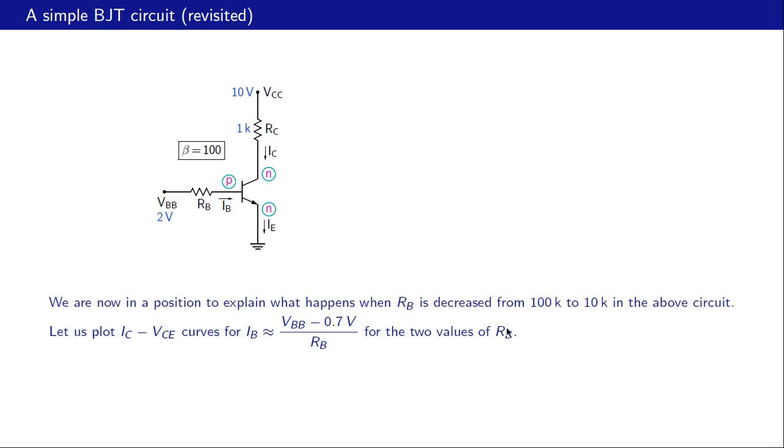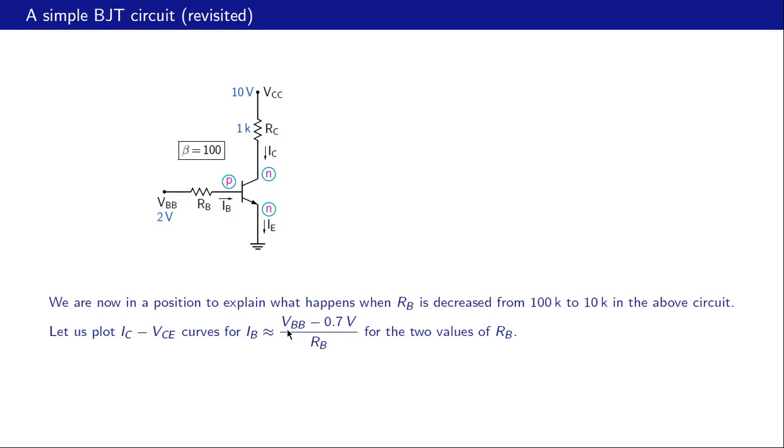So what we will do is plot IC versus VCE for two values of IB, corresponding to 100K and 10K. And as we have seen earlier, if we take this voltage as approximately 0.7 volts, then RB times IB is 2 volts minus 0.7, so that is 1.3.